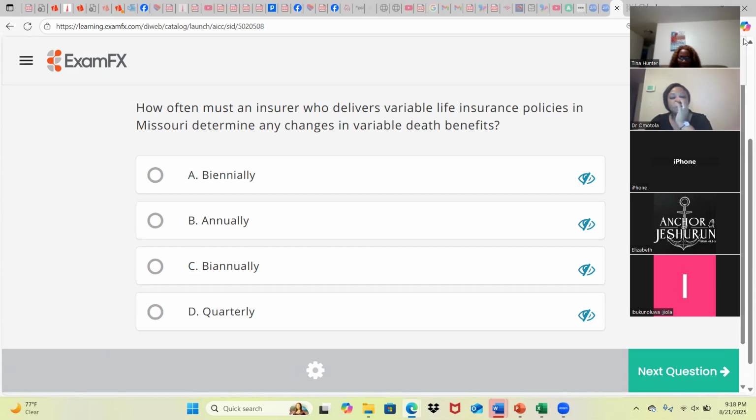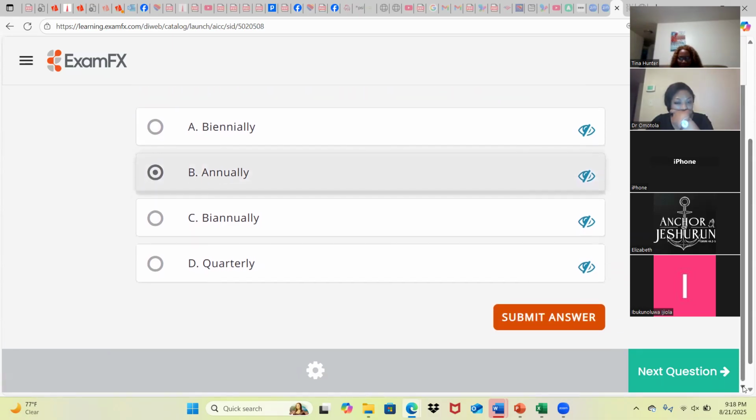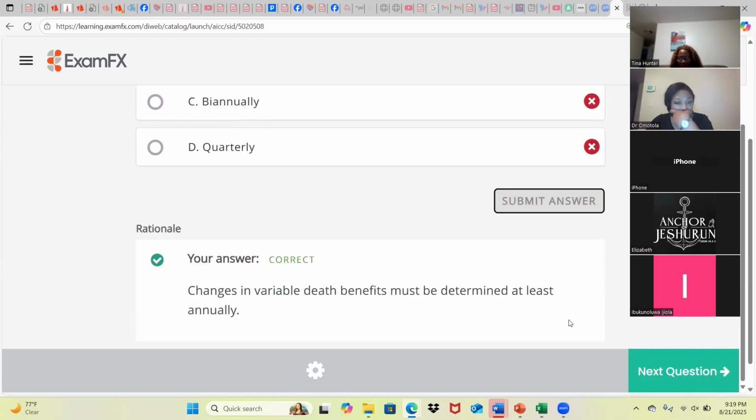Any changes in variable death benefits? Annually? I'm thinking annually too. All right. Let's see if we're right. And that's correct. The changes in variable death benefits must be determined at least annually.